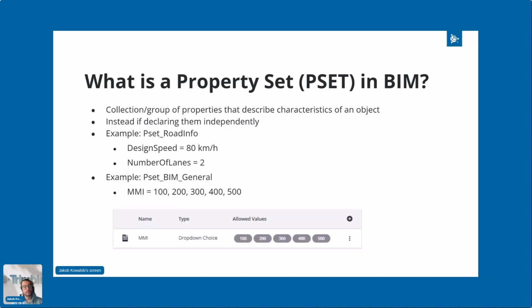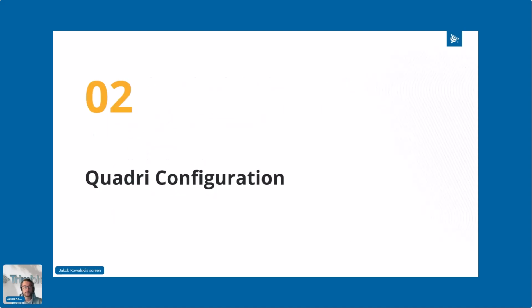So that can be, for example, design speed and number of lanes, which are the properties, and then the values. Or the example we will go through today, we will create our own property set. Can call it, for example, BIM general. And within that property set, we will create the property MMI, or model maturity index, with its different values.